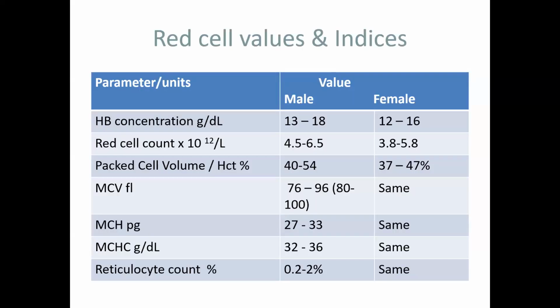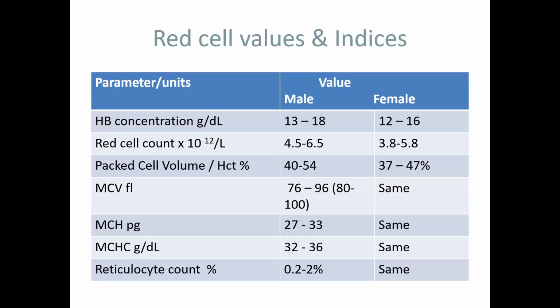So now let's look at the red cell values and indices. Now, very often in medicine, when we want to know whether there's an abnormality, we don't go into very elaborate tests of, say, measuring elasticity of the red cell, measuring the viscosity of the hemoglobin, etc. We first start by some easily performed tests, which are easy for us to see first, is there a red cell abnormality or not?